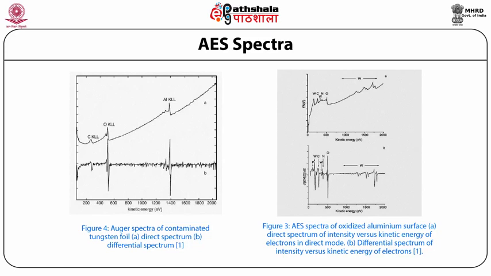The differential mode spectrum is produced by taking the first derivative of the curve in the direct mode using computer software. The ordinate should be E dN/dE, which is a function of E. The differential mode spectrum with CRR acquisition is shown in figure 5b. The differential mode effectively reduces the background and enhances the Auger peaks.